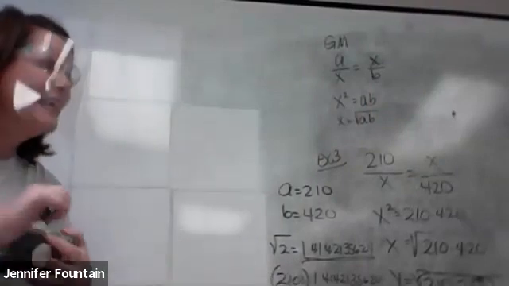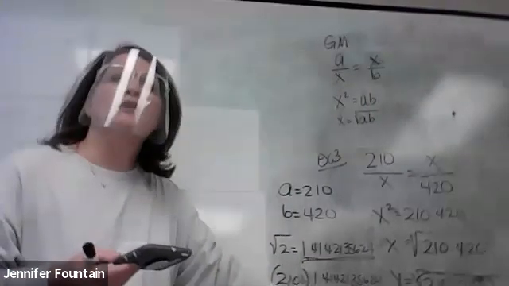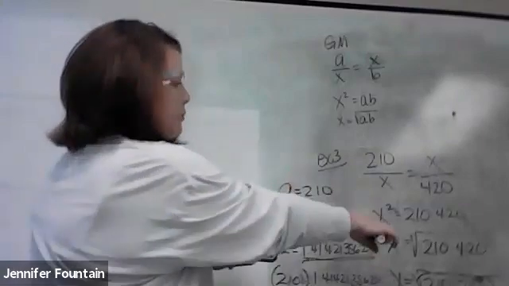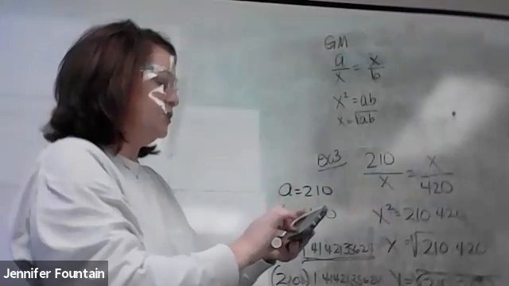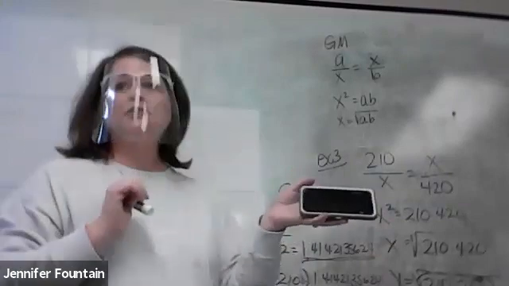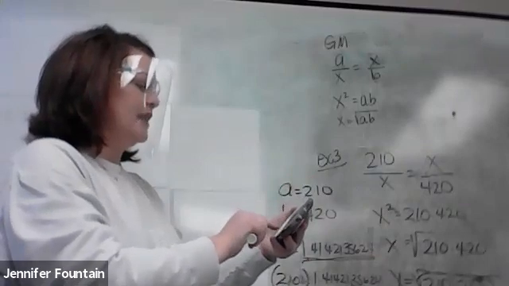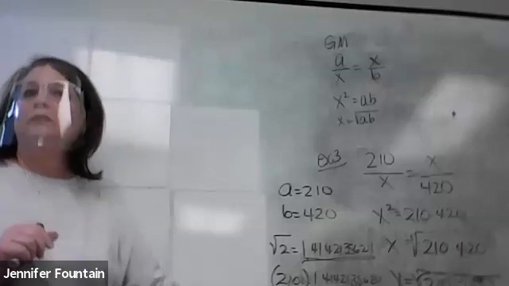Okay, so again, if you were just using your calculator, now do the same thing. First of all, I want you to multiply 210 times 420. 210 times 420 equals 88,200. Now I want you to find the square root of 88,200. Lo and behold, it matches that number.